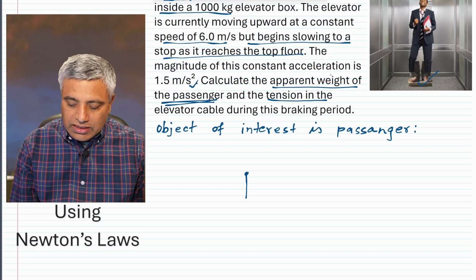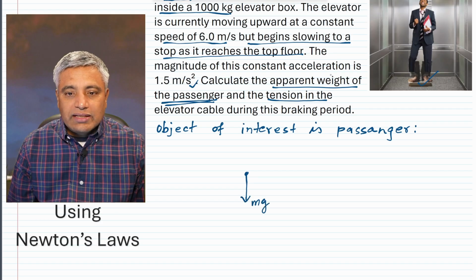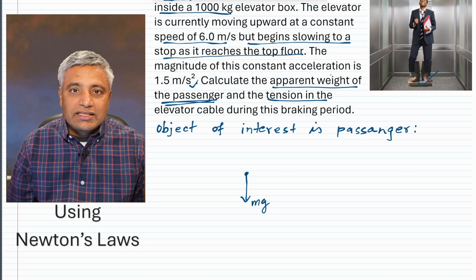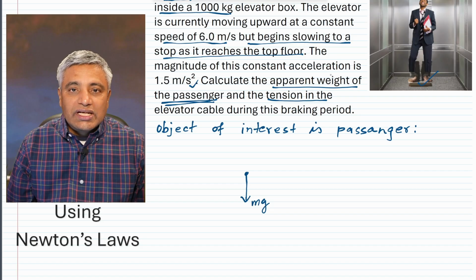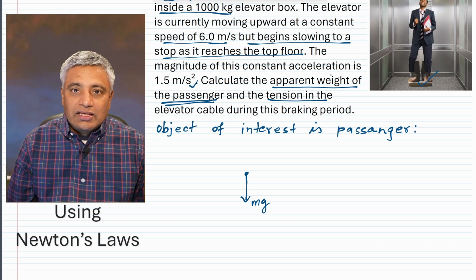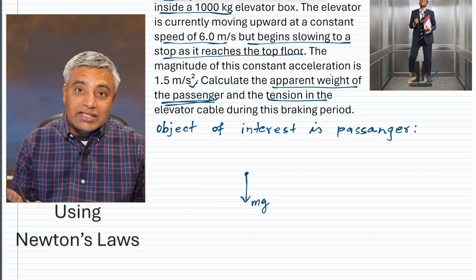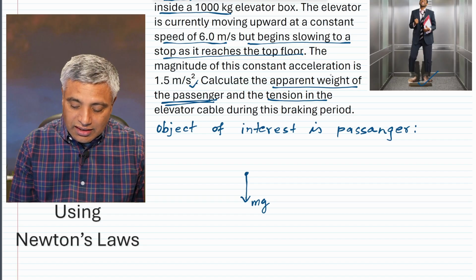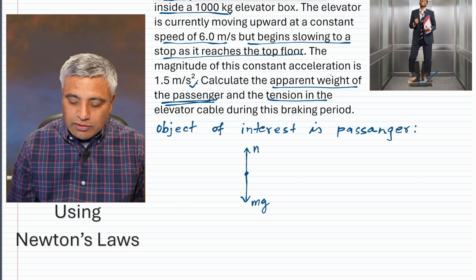Weight of a person is mg. So if I were to draw a free body diagram, the weight of the person is mg, and we know that weight always acts vertically downward. And since the person is standing on the floor of this scale, the force from the scale is a normal force.